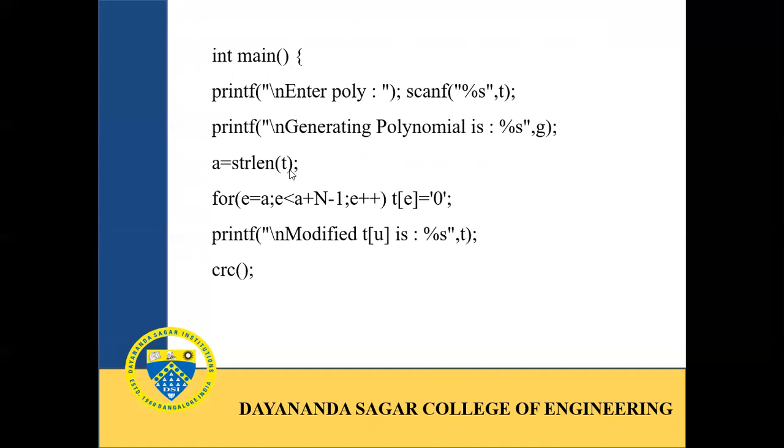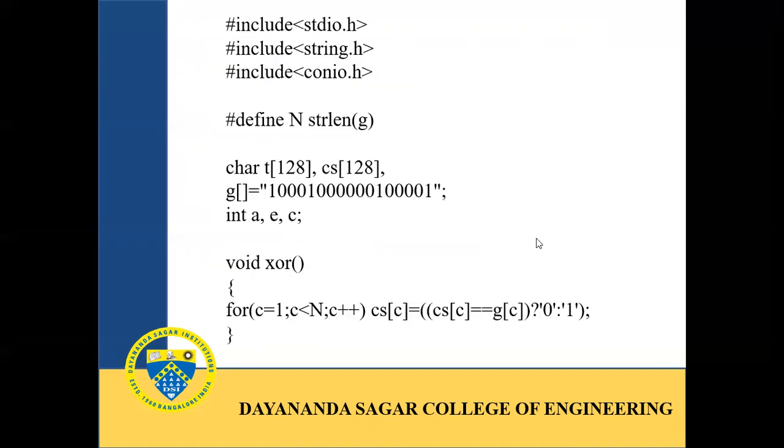Now we'll find the input length, which is stored in A. Now from A till the end of the n value, we're going to add extra zeros, so that this degree represents that of a polynomial. And what is n? N is the number of bits used for the generating polynomial.